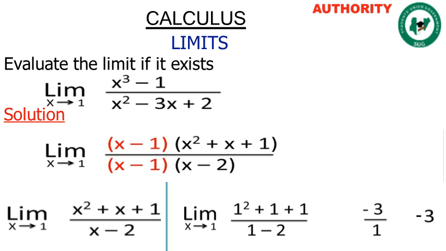So 3 all over minus 1 is equal to minus 3. Yes, that is it. After our evaluation, we come up with a value of minus 3. That is, when you evaluate x cubed minus 1 all over x squared minus 3x plus 2 as x approaches 1, you are going to have minus 3.